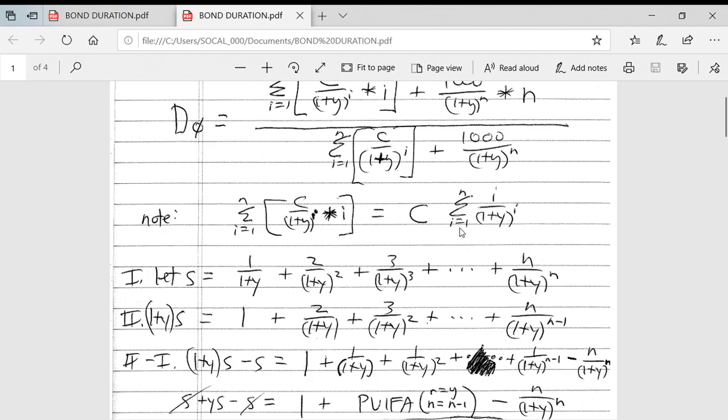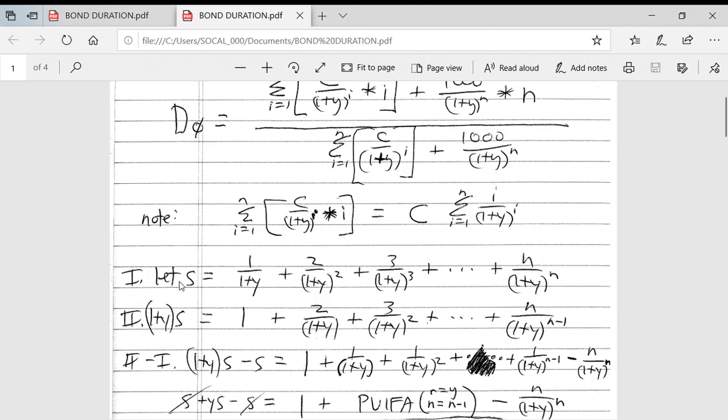Now i is equal to 3, 3 over (1 plus y) cubed. When we get to n, i is equal to n divided by (1 plus y) to the n. That's our last term. We're done. A finite number of terms.